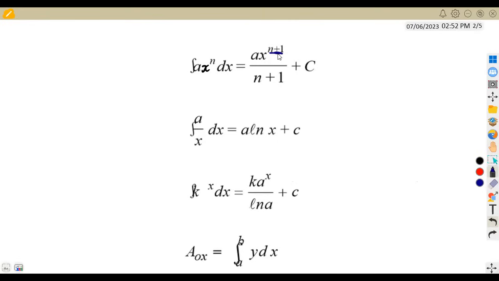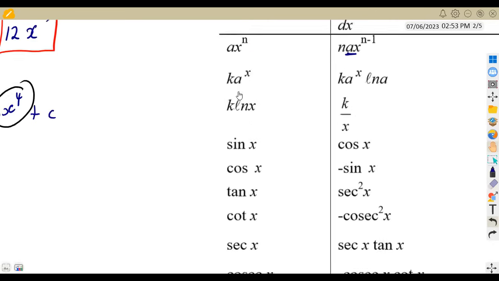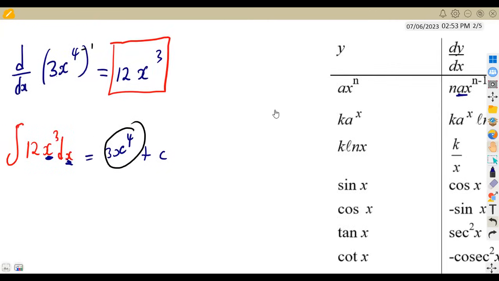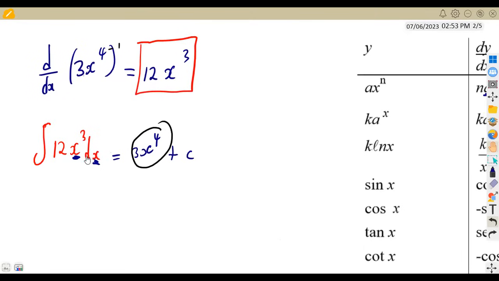We add 1 on the exponent, and we divide by the new exponent, which is n plus 1. This exponent n plus 1 is the same n plus 1 that we are having here. So that is the idea. Let us apply this to this question, where the integral of 12x to the exponent of 3 is going to give us the same answer, 3x to the exponent of 4 plus c.